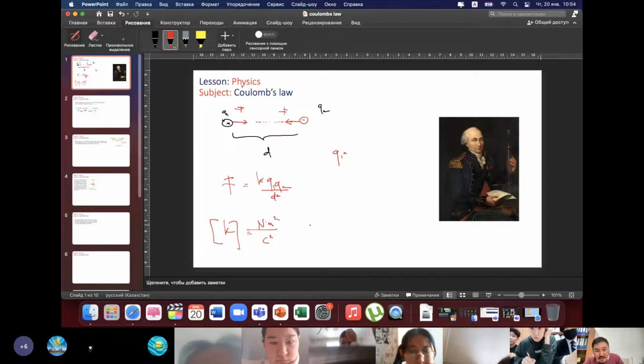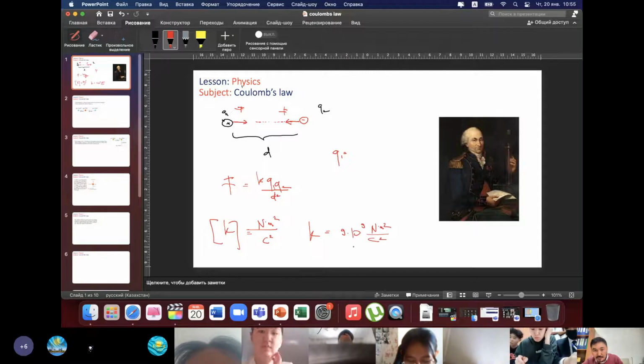So the magnitude of K is 9 times 10 to the power of 9 newtons times meter square over Coulomb square. So you see here, since these charges are unlike charges, they will attract each other.